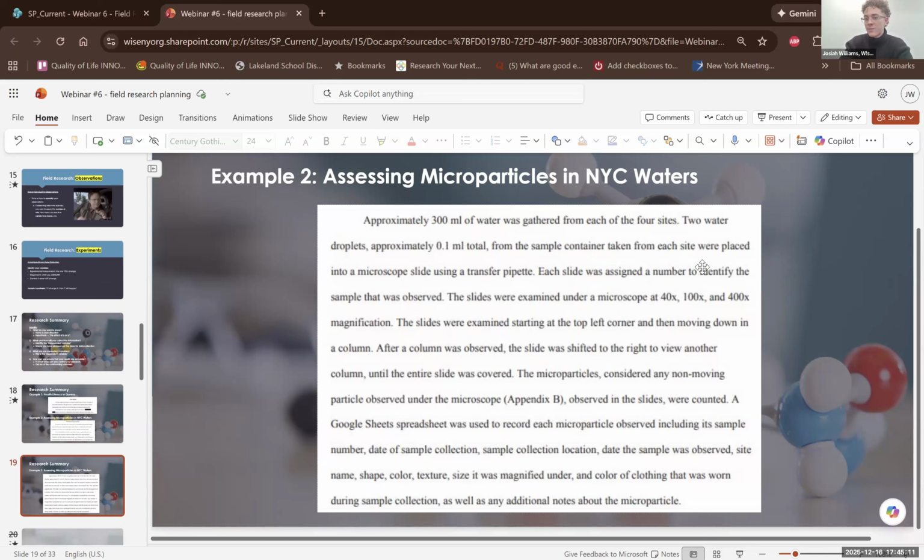Each slide was assigned a number to identify the sample that was observed. The slides were examined under microscope at 40, 100, and 400 times magnification. So now they're going into the step-by-step process of the experimental design, of the experiment itself. So they're saying, back to the beginning, here's why we're doing this, here's what we think, and here's what we did. And then later in that section, they got into, and here's what we found, right?